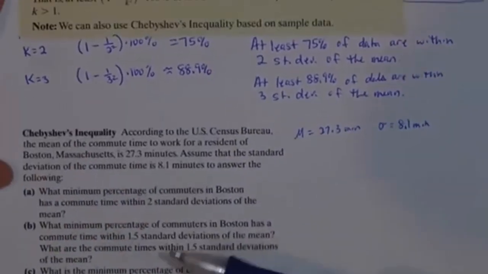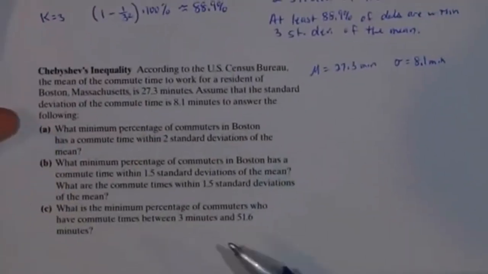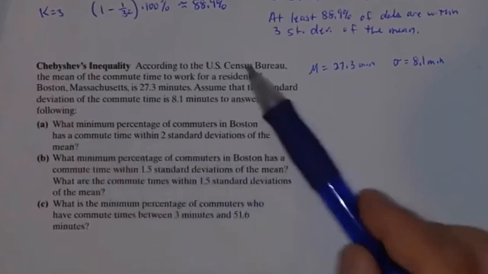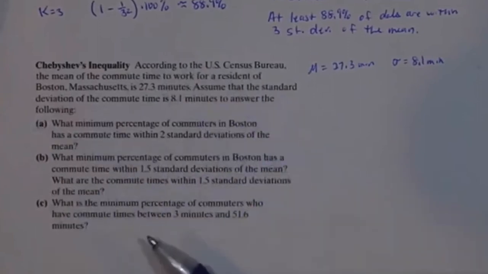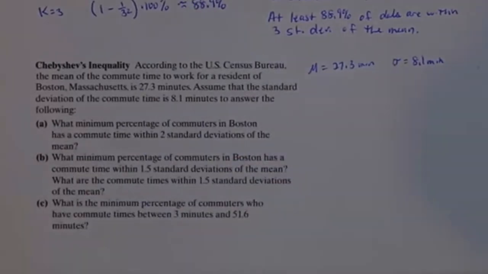The difference between this problem and the previous problem is we're not told about the shape of the distribution. So we have no reason to believe that this distribution is bell-shaped because the problem never told us that. Since we don't know that it's bell-shaped, we can't use the empirical rule. Instead, the best we can do is use Chebyshev's inequality.